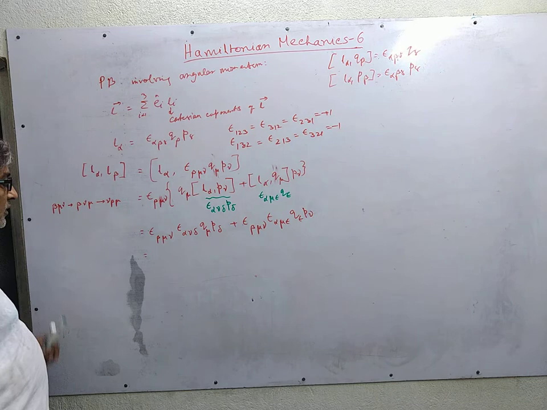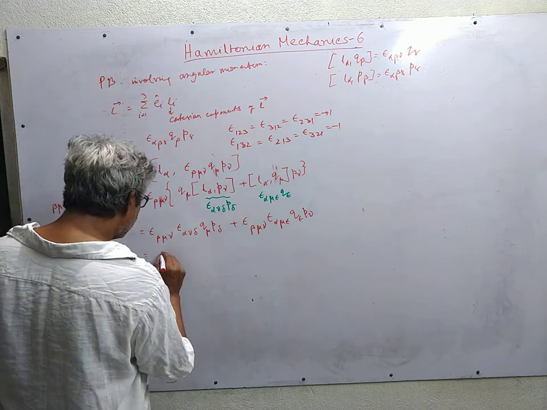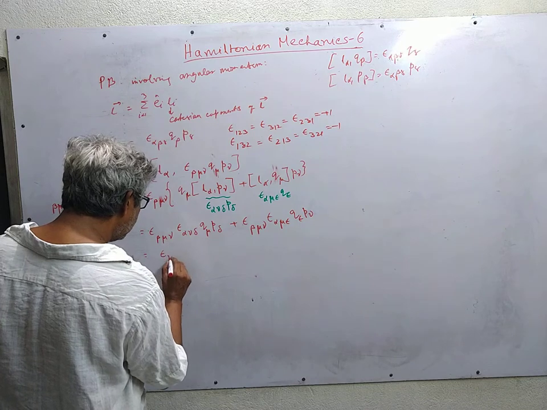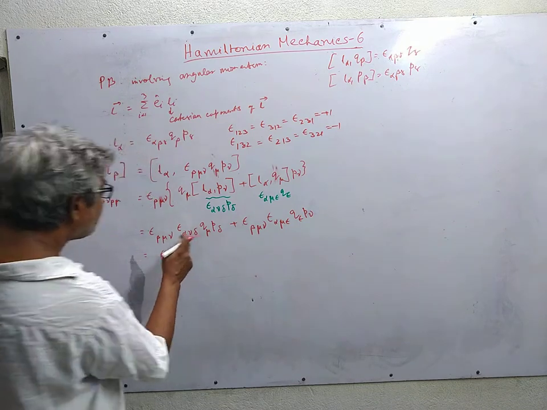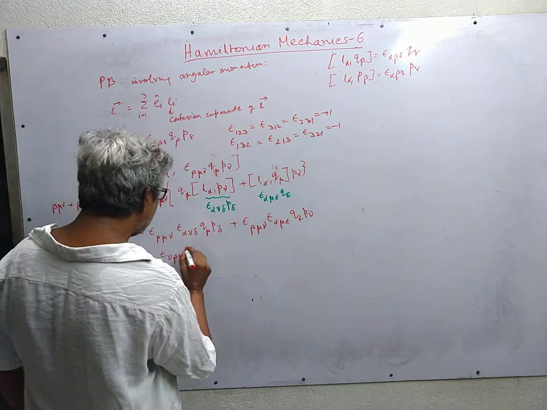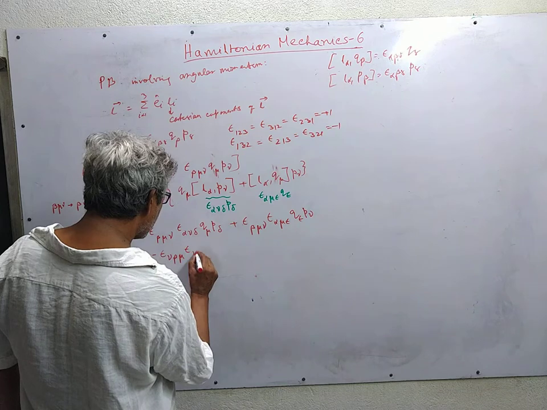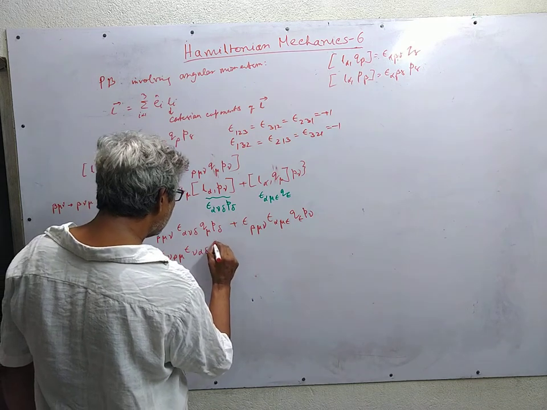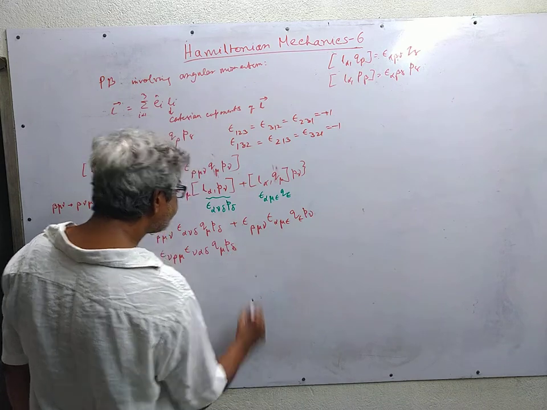So it will involve no change in sign. Now if we want to bring mu in the first place, then there will be a negative sign. So it will be epsilon alpha delta, q mu p delta.